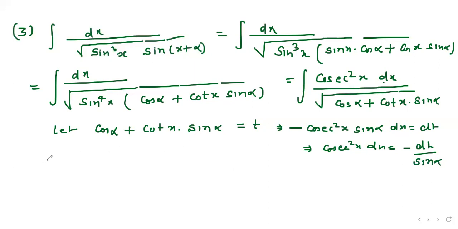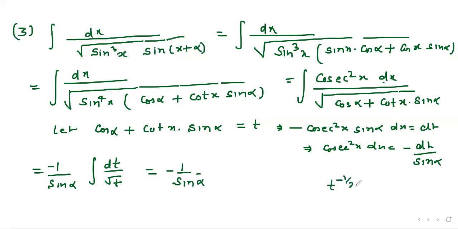So we will get minus 1 upon sine alpha integration dt upon root t, which is minus 1 upon sine alpha, and this will become t power minus half, and when integrated, t power minus half will give t power plus half divided by half. So we can say t power half and times 2.